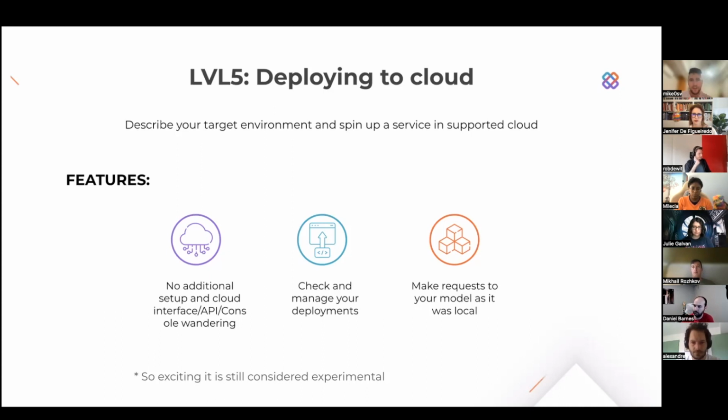Yeah, and this level 5, deploying to cloud, is so exciting. It's still considered experimental, and we will work on it more in the upcoming months, I guess, and we will make it even better.